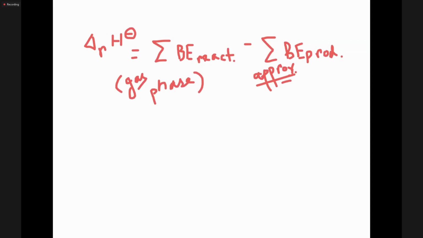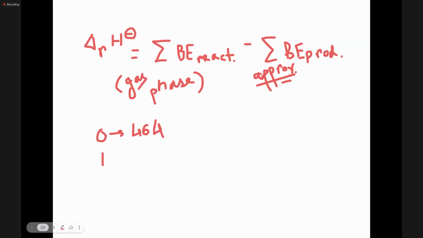Now there are some mean single bond enthalpies given here. For hydrogen, it is very high, that is 436. In case of oxygen, the value is quite high, that is 464. All I am talking about is the mean single bond enthalpy. In case of oxygen, the value is 464.